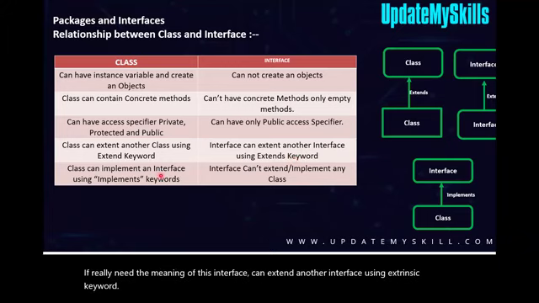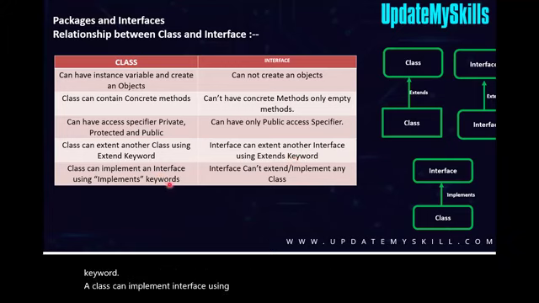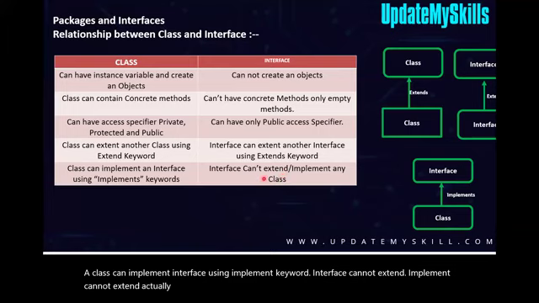A class can implement an interface using the implements keyword. An interface cannot implement any class. A class can implement the interface, but the interface cannot extend any class.